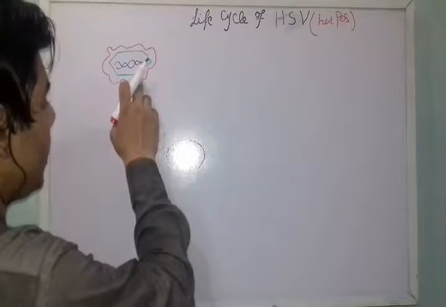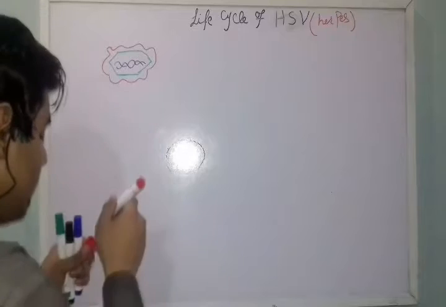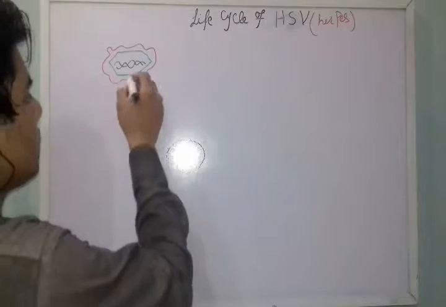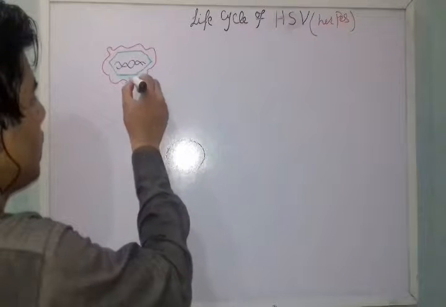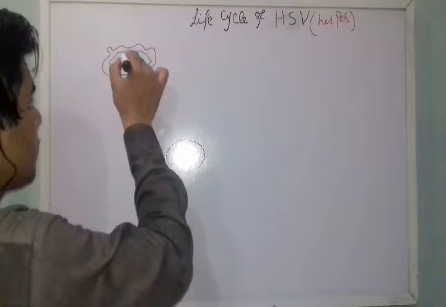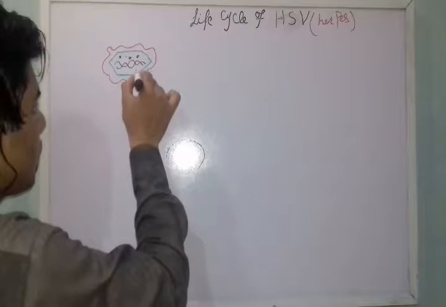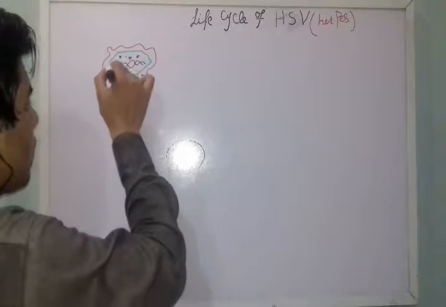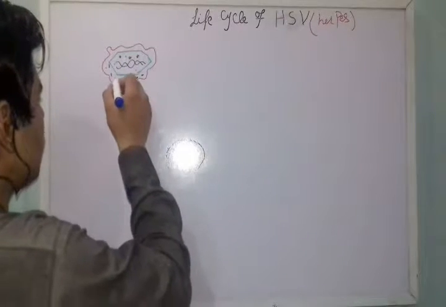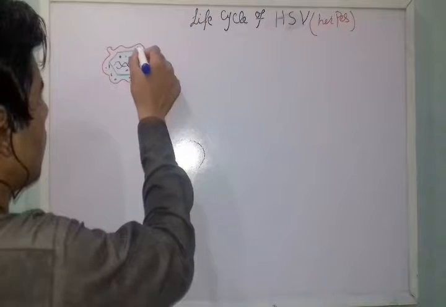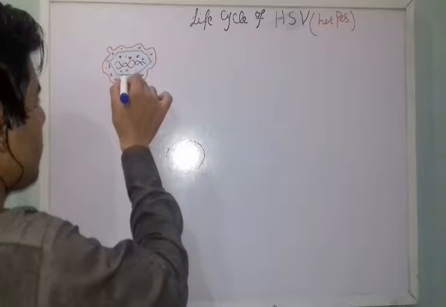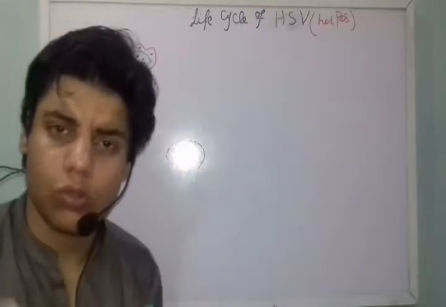Now between the envelope and the capsid, there are some special proteins, and we call them tegument proteins. These black dots, not only black dots, this blue one also.